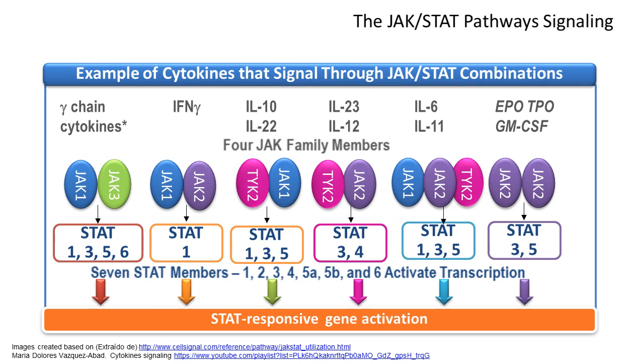On the very far right, you see the only case so far that I know that uses two JAKs of the same kind. In the other circumstances, it's always two different JAKs in pairs. But in the case of the far right, we have Jak2 associated with Jak2, and this is very typical of growth factors, not cytokine receptors.